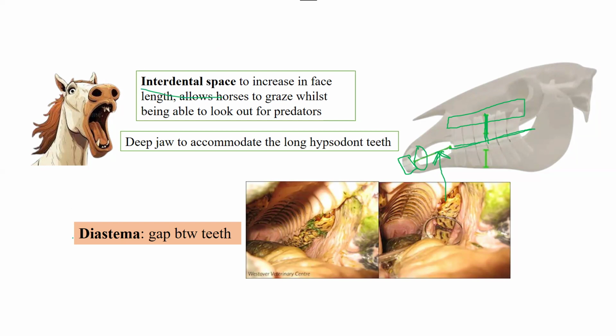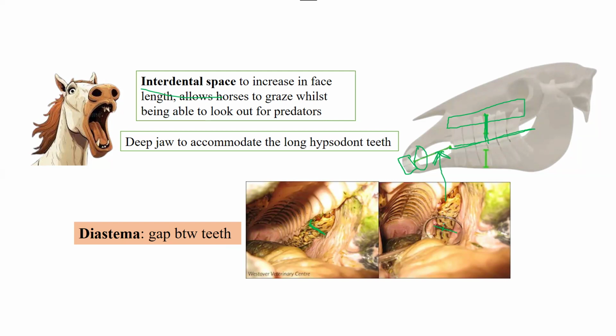Now, what is next? Diastema. Diastema is a gap between the teeth. You can see these two pictures. Here you can see something green filled in between the teeth, and as the owner has cleaned the teeth, you can see the space between these two teeth, and because of this space, whatever the animal eats gets stuck over here.